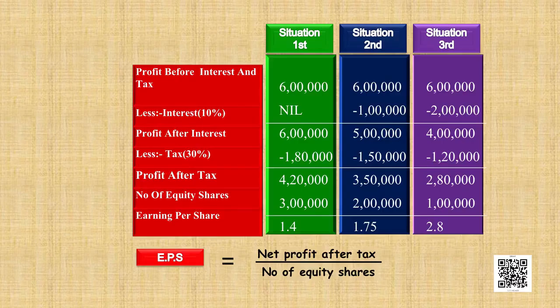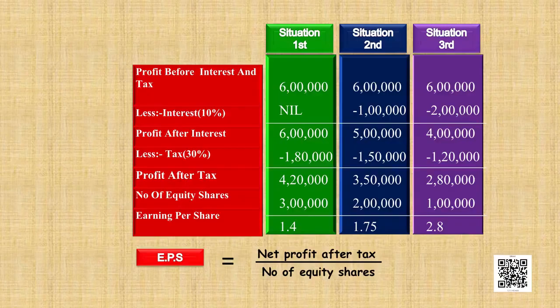Then, in situation 3, we have profits after interest equal to 4 lakh rupees and the taxes paid will be 1,20,000, that is 30% of 4 lakh rupees. In this situation, the tax saving is even more as compared to situation 2. So, we have saved around 60,000 rupees of taxes as compared to situation 1.